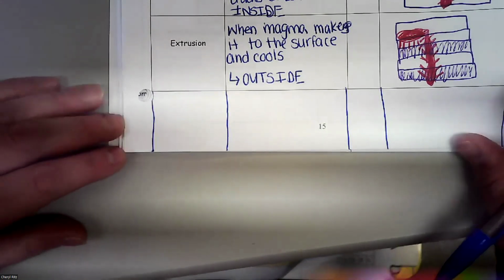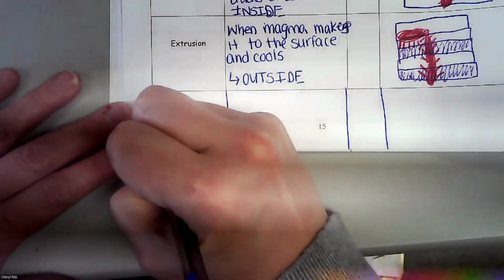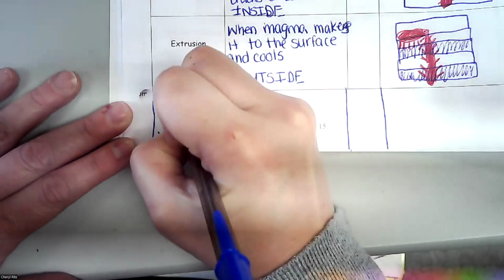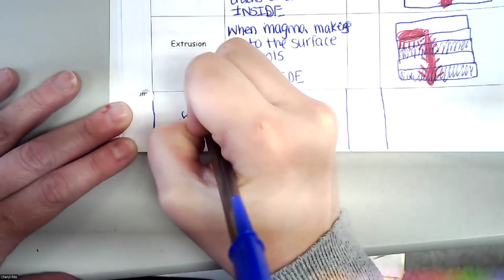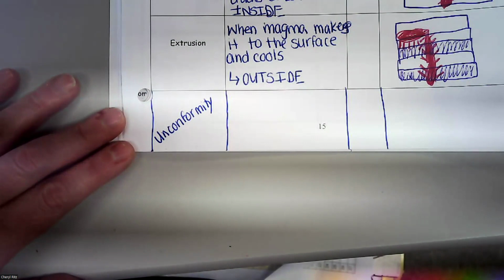All right, here's what this box is going to be. The word is unconformity. I can only fit it if I go diagonally. So it's unconformity.